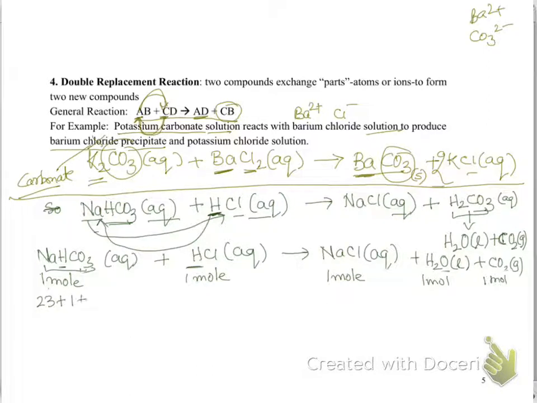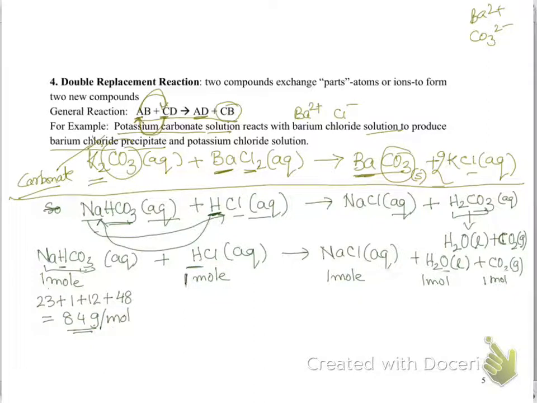Hydrogen is 1, carbon mass is 12, oxygen is 16, 16 times 3 is 48, and that is equal to 84 grams. That means when I'm taking 1 mole of sodium bicarbonate, basically I'm taking 84 grams. So this 84 grams is the molar mass of sodium bicarbonate. So we normally write it down like this, 84 grams per mole.